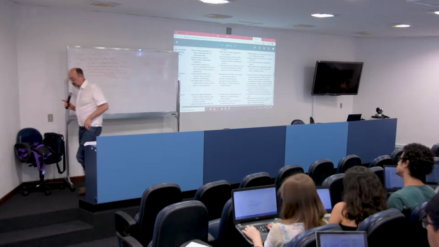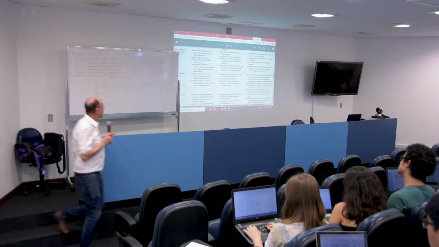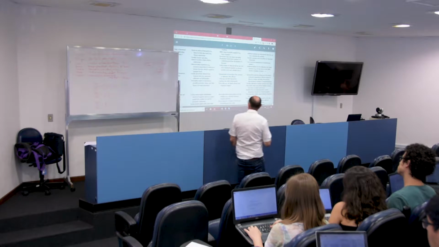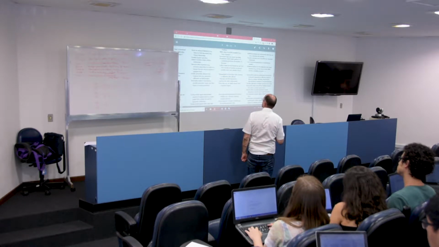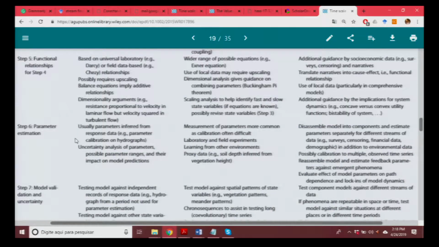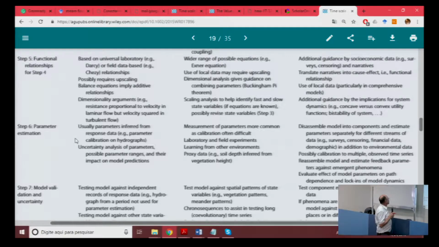Okay, we've written down differential equations based on universal laboratory relationships like Darcy's law. Darcy's law, is this a differential equation or not?